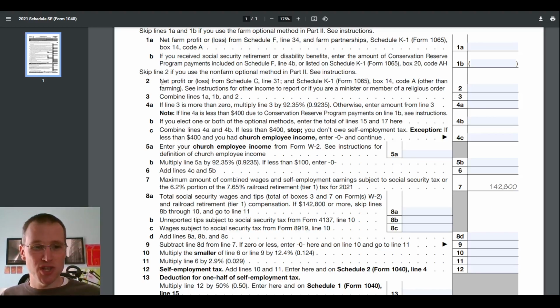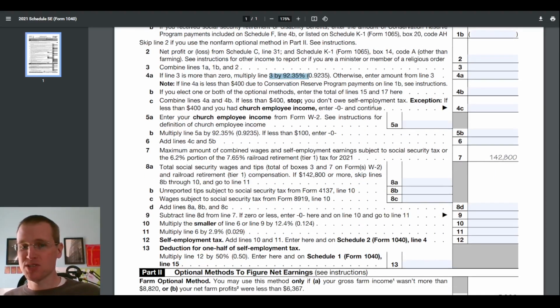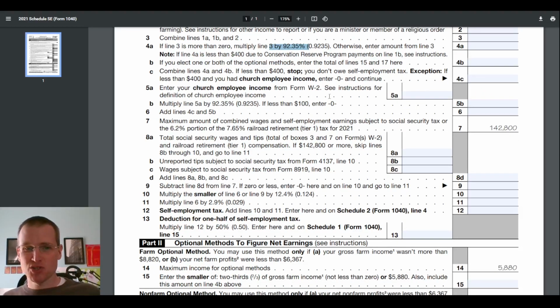But here's the first line you're really going to be interested in, profit or loss from Schedule C. And remember, Schedule C was calculating the total profit or loss from your whole business. So you put that in there and you do some math on it according to the instructions. Eventually they'll ask you about church employee income again, which you probably don't have.